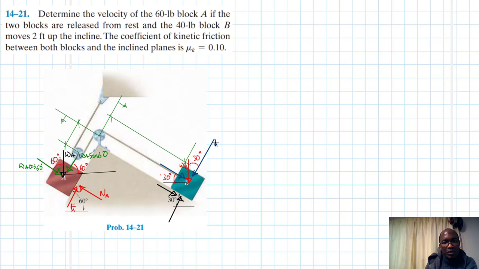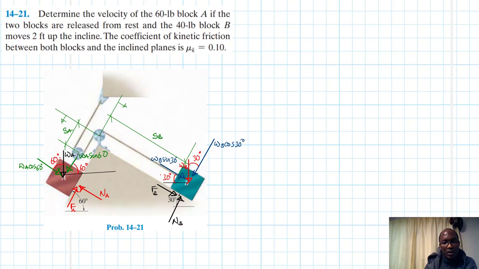This one is WB cos 30. This is WB sine 30. This is the normal force B, and this is the friction force B. This is SB, and this one is SA.